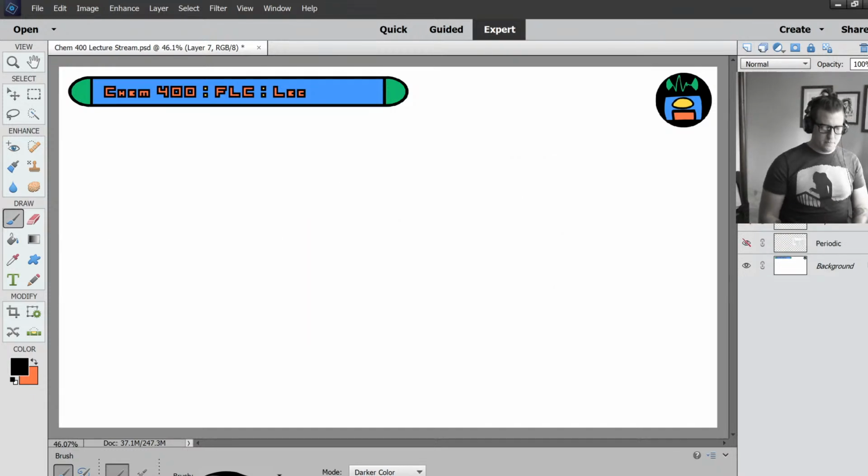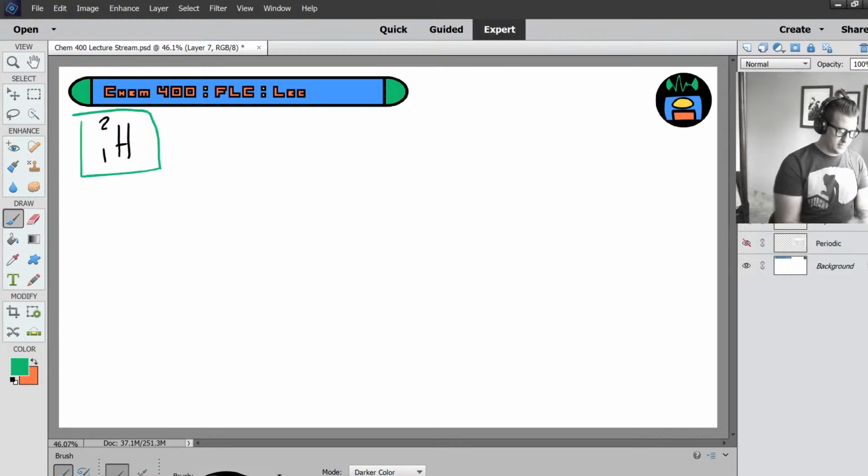So, for example, you could have an isotope of hydrogen known as deuterium like this. All right. If you ran into this isotopic nomenclature, this 2 up here is the mass number, right? And this 1 down here is the atomic number.